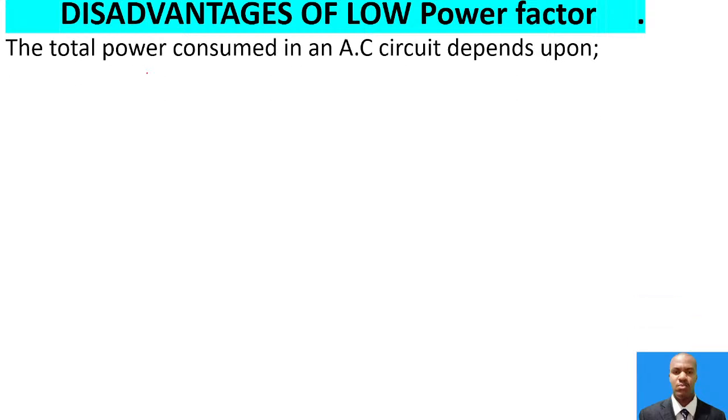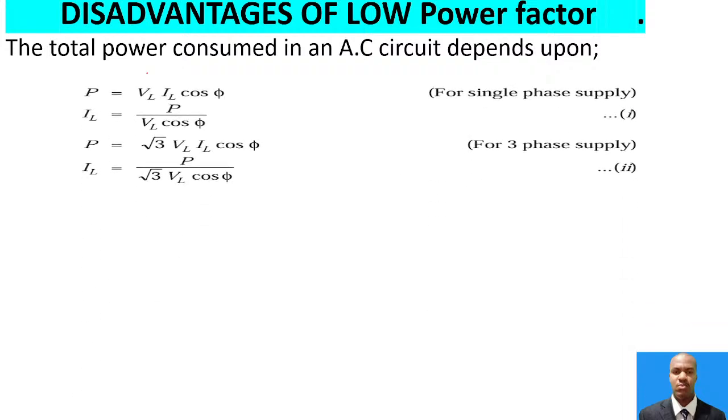So for example, the total power consumed by an AC circuit simply depends upon, one, for a single phase circuit, you can say that power is defined by the line voltage multiplied by the line current cos phi, and we can determine the value of the line current by making the line current the subject, and in so doing this will give you the amount of current specific for that single phase line.